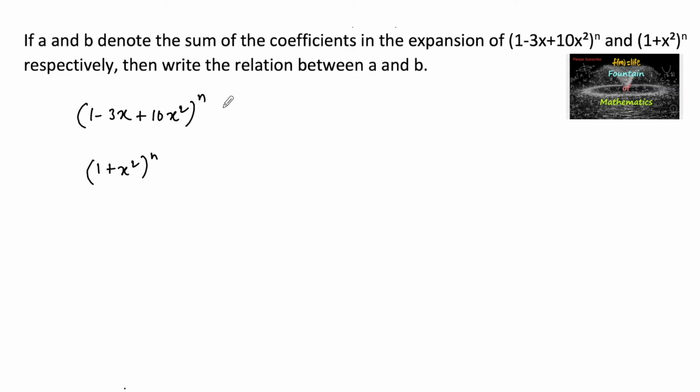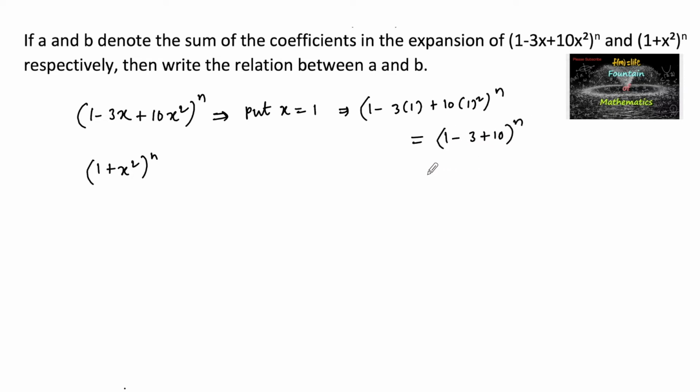Put x is equal to 1, you will get the sum of the coefficients. So we will get here (1 - 3 times 1 + 10 times 1^2)^n, which is equal to (1 - 3 + 10)^n, that is 10 minus 3 is 7, plus 1, 8 power n.